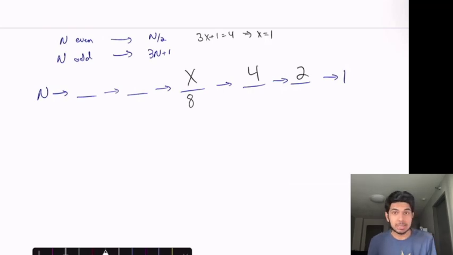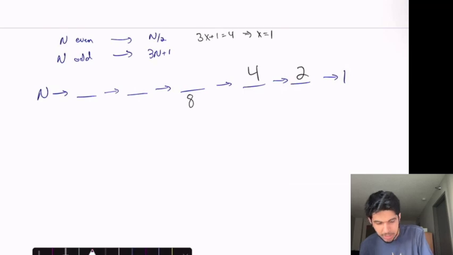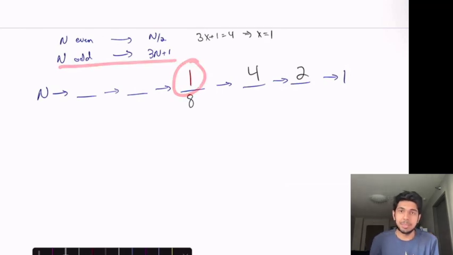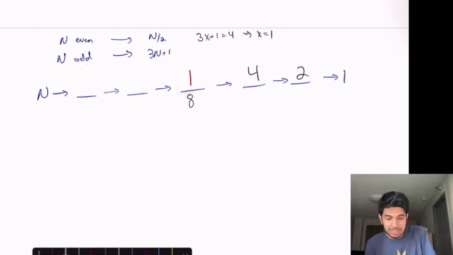And that works. If we put a 1 in for x, we would feed it into this line up here, because 1 is odd, and we would get 4 outputted. So both 1 and 8 in this middle spot would work.